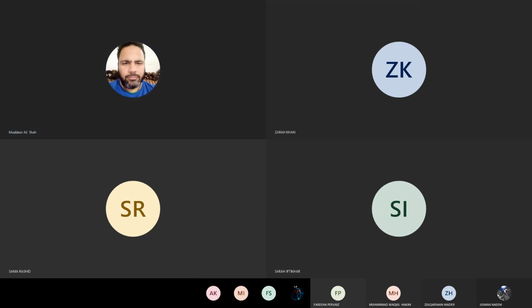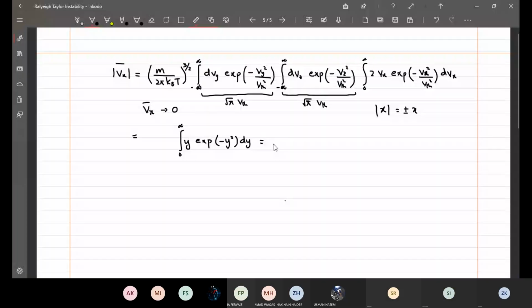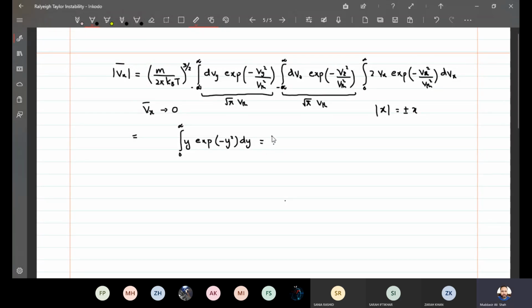So this exponential integral will give me 1/2, and then finally I can write that my Vx average is square root of 2 kB T by pi m, times 1/2.